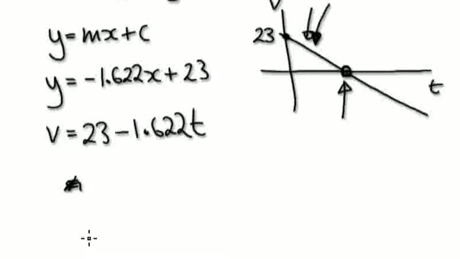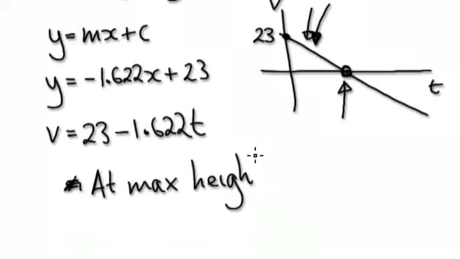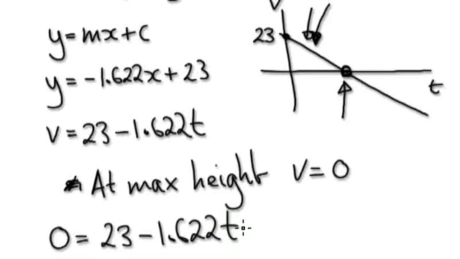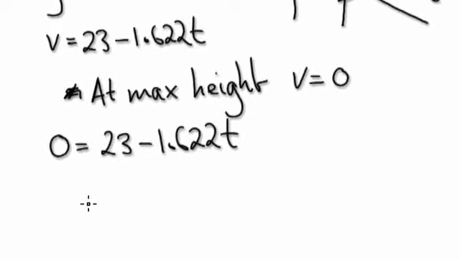At max height, v equals 0, so you can put 0 into the v and then do this: 1.622 t. Now it's just a matter of finding out the time.